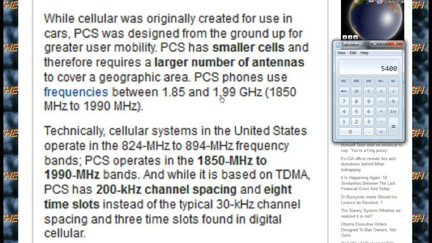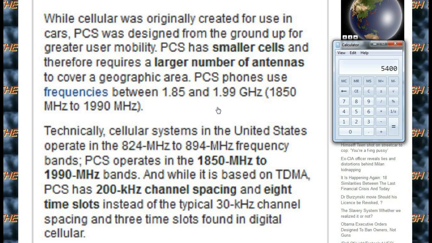And now let me explain something else to you about gigahertz, megahertz, kilohertz, and hertz. It's really kind of a way to confuse you because you see different things.